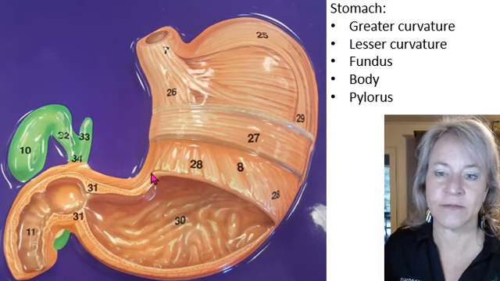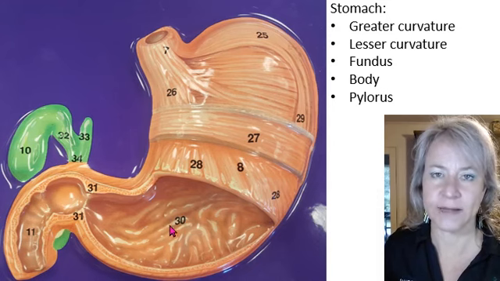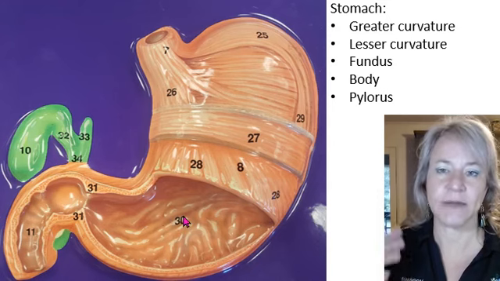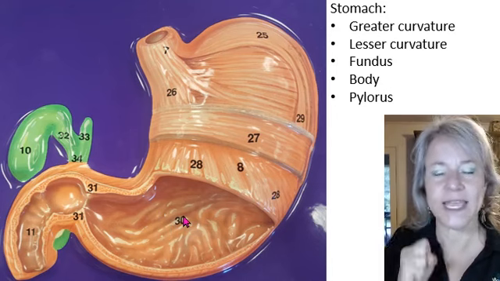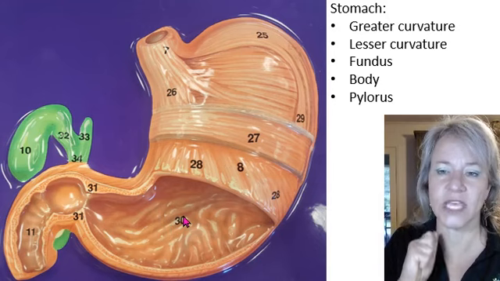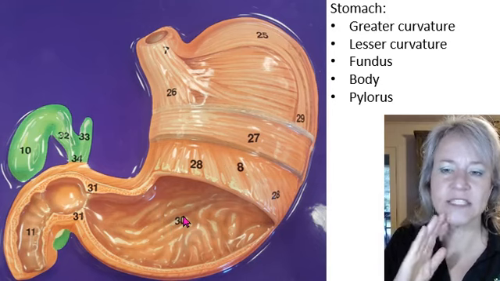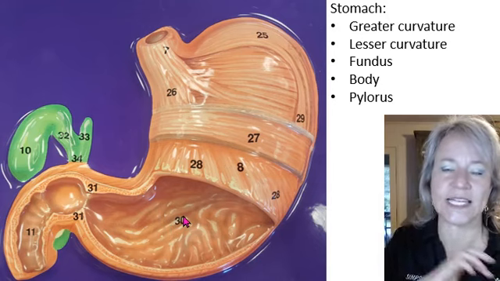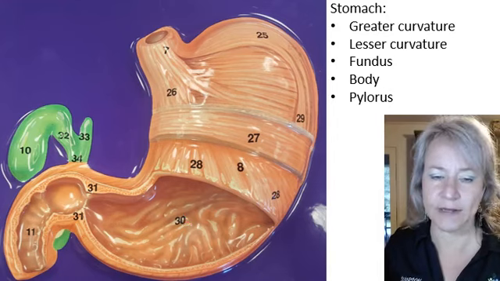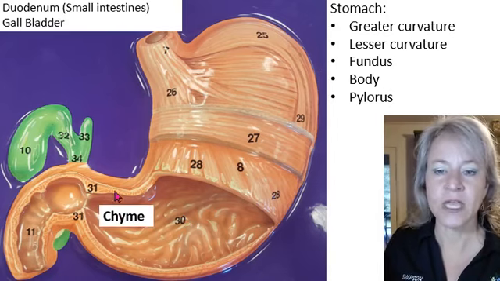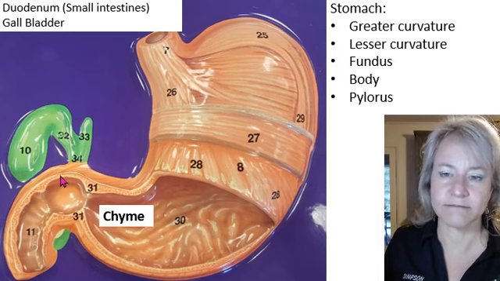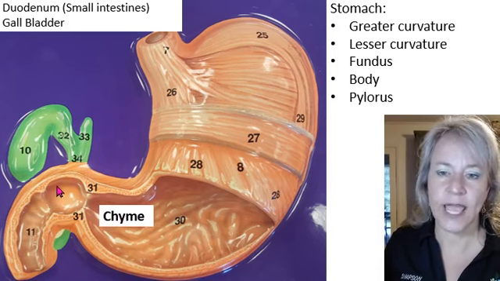And the job of the stomach, the main job, it has many jobs, but for this first test, I just want you to know the main job of the stomach is to mix the food with the acid and to turn it into chyme. Also on this model, we have this duodenum right here, the little first part of the duodenum.